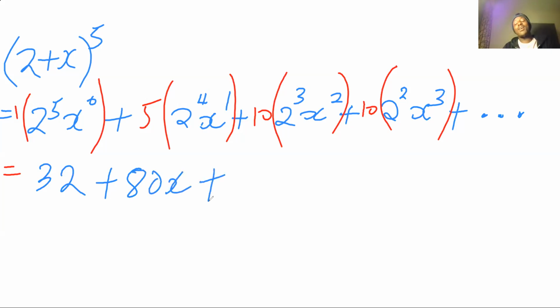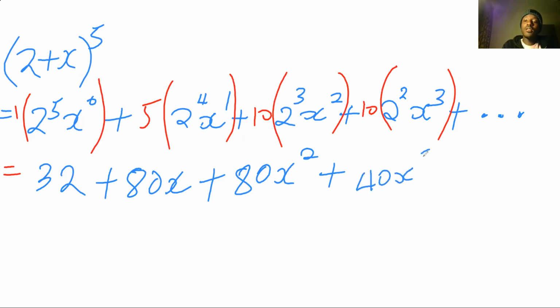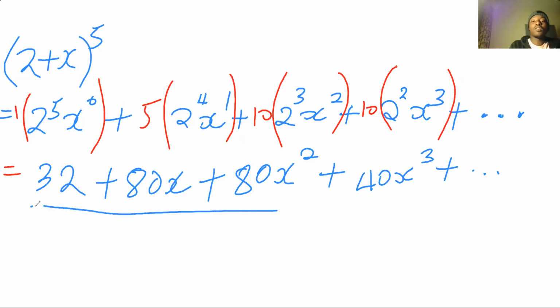Then plus 2 to power 3 is 8 times 10 is 80x squared. And plus 2 to power 2 is 4 times 10 is 40x cubed, dot dot dot. So you have your expansion.